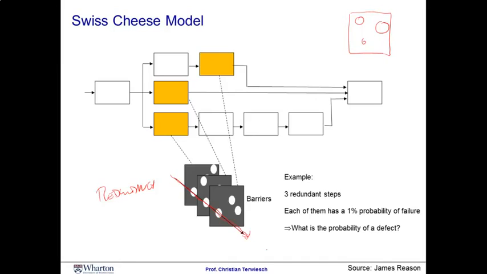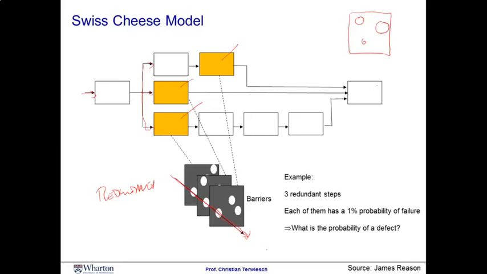So what's the probability of a defect in a situation like this? Now, if we draw this as a process flow diagram, redundant check typically corresponds to parallel paths in the process flow diagram. I've illustrated this here with these 3 paths that are all happening on the way of producing this flow unit. Now, the orange boxes here are the redundant test points.